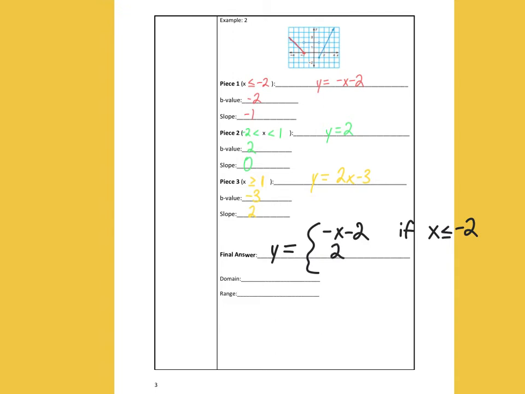Yep, just plain old 2. Yep, when x is between -2 and 1. And then the last part. 2x minus 3. If. Yep. Good.